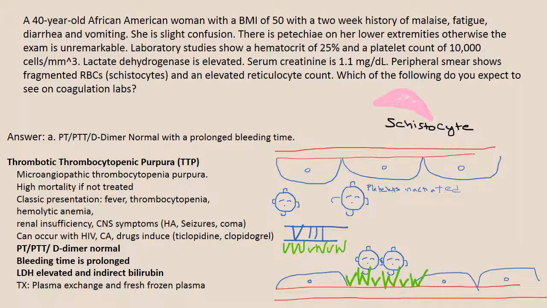So that's what's causing these symptoms. With the microthrombi, you think about the purpura, the neurological symptoms, headaches, confusion, blurred vision, seizures, the fever, renal symptoms. So all those things can help. And that's why the bleeding time's affected.